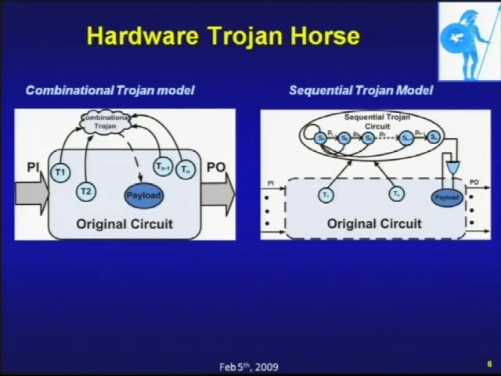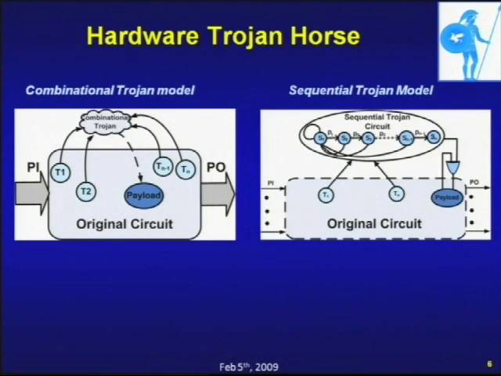Now a typical circuit will look like this. You have some inputs and outputs, and then you have a circuit which can be purely combinational, or it can have sequential elements like flip-flops in it. So a circuit can be considered as a black box where input is coming into it and output is being generated here.